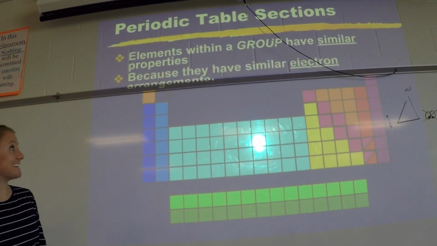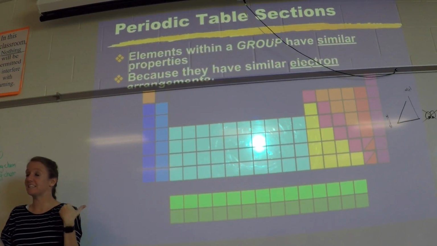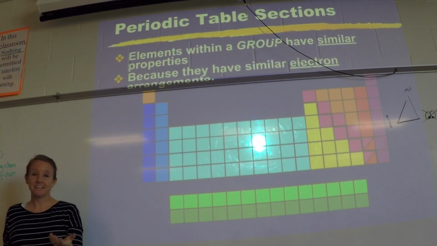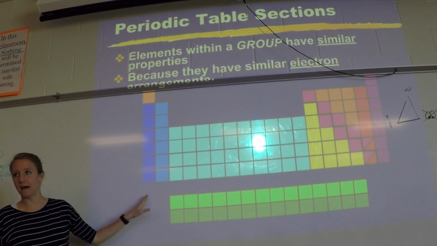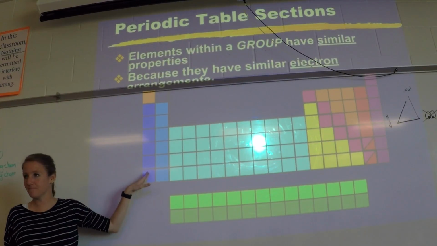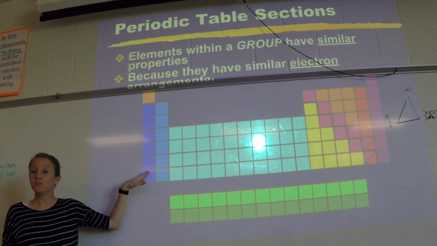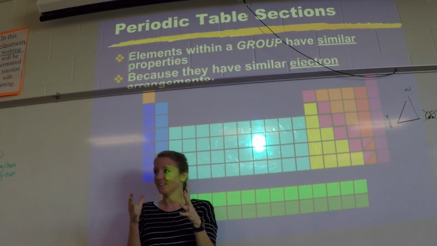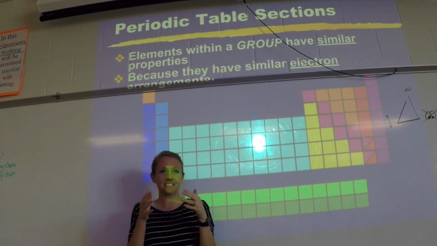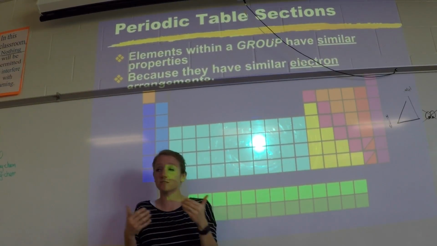Okay, and then the thing with the groups, like I mentioned, is there's similarities. That's why we call them a group or family. As I look down this column, and I'll show you five of these next time, you'll be able to see that there's similarities within the family, but then there's also differences.